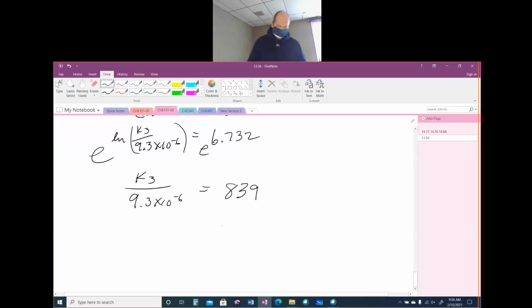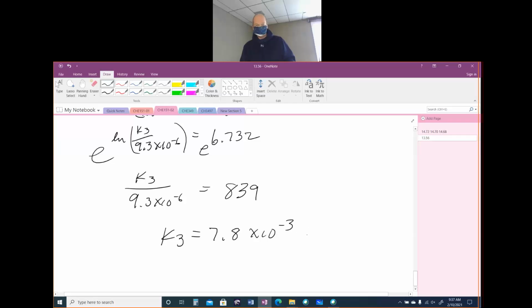Then multiply both sides by 9.3 times 10 to the minus 6, and you get your K3. That is 7.80, or, well, they're giving all these to 2 sig figs, so we'll be consistent. That is 7.8 times 10 to the minus 3.